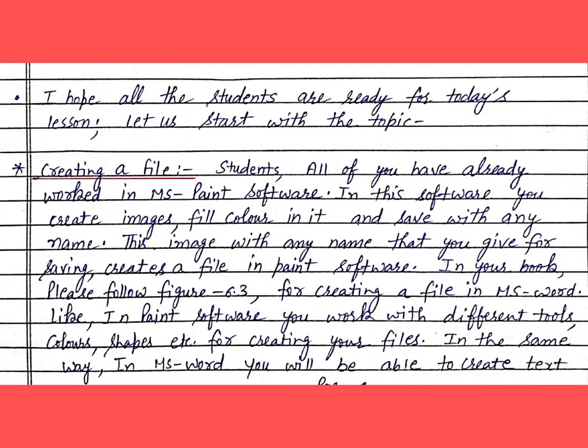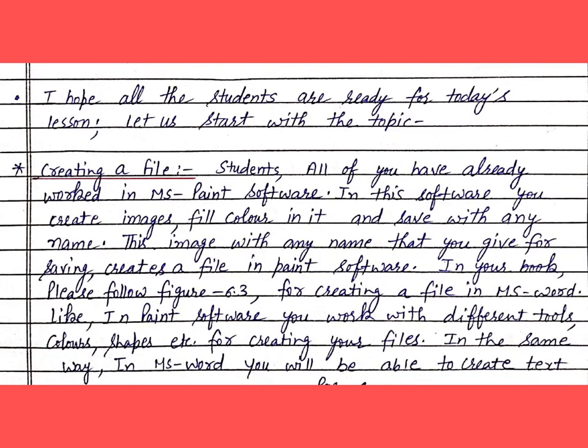Students, all of you have already worked in MS Paint software. In this software, you create images, fill color in it, and save with any name. This image with any name that you give for saving creates a file in Paint software.